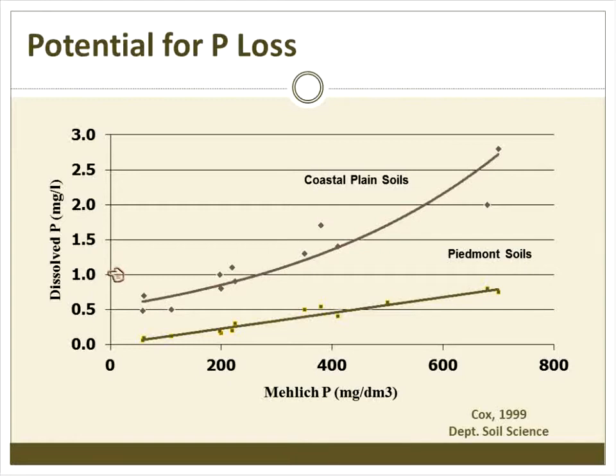So clearly 1 milligram per liter is considerably more than the environmental threshold, but we're assuming that there's dilution. And so with a clay textured soil, you don't reach this 1 milligram per liter because the phosphorus is bound very tightly until you reach a Mehlich 3 P of about 500.